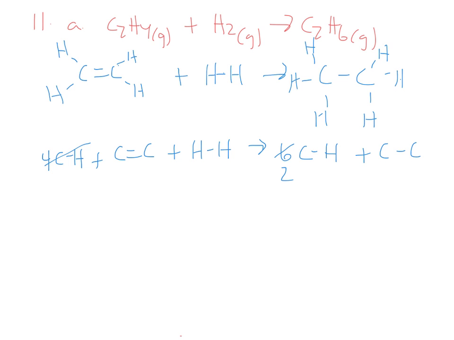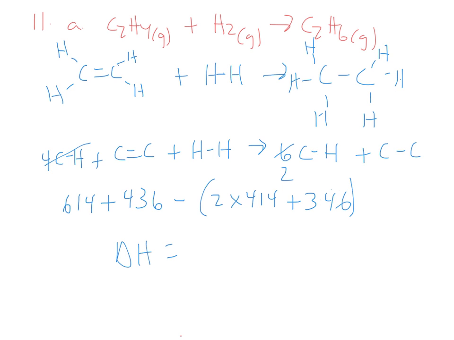So when I plug in my values here, I can plug in 614 for the carbon-carbon double bond, 436 for my hydrogen bond, and then subtract my product, 2 times 414 for the carbon-hydrogen, and 346 for the carbon-carbon single bond. And my net enthalpy change then is negative 124 kilojoules per mole.